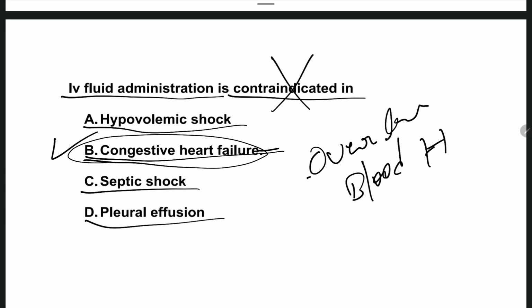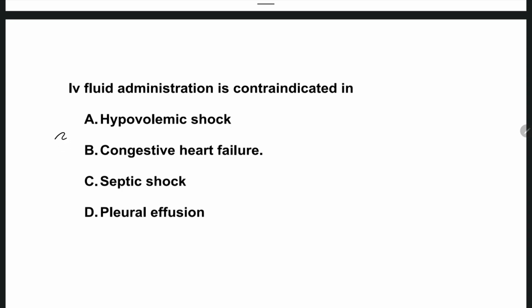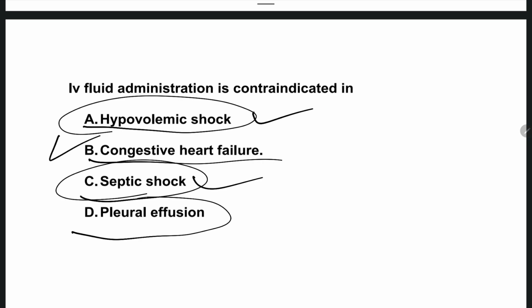Due to the overload, congestive heart failure has happened. Again, if you give IV fluid administration, it will increase the congestion. You have to reduce the congestion in the heart. So IV fluids are contraindicated in congestive heart failure. But in hypovolemic shock, septic shock and pleural effusion, we can give them, because there is no relation between pleural effusion and IV fluids.